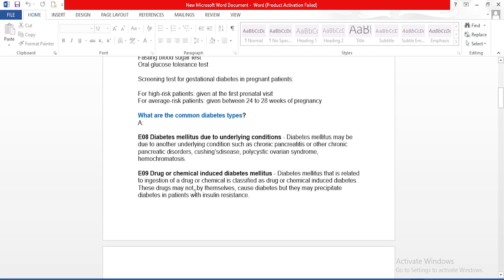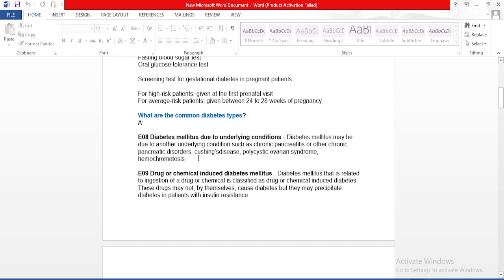So what is E08? Diabetes mellitus due to underlying conditions. Here diabetes mellitus may be due to another underlying condition such as chronic pancreatitis or other chronic pancreatic disorders, Cushing disease, polycystic ovarian syndrome, hemochromatosis.